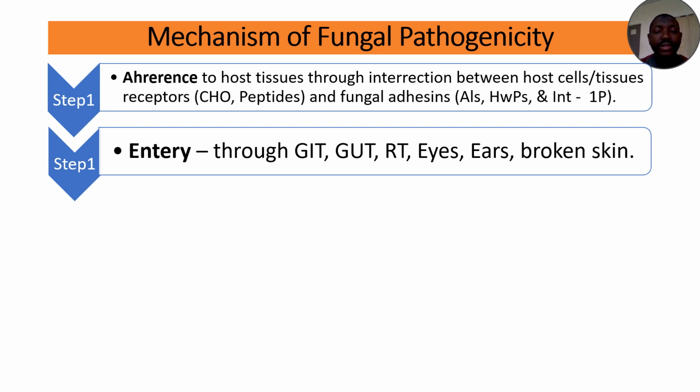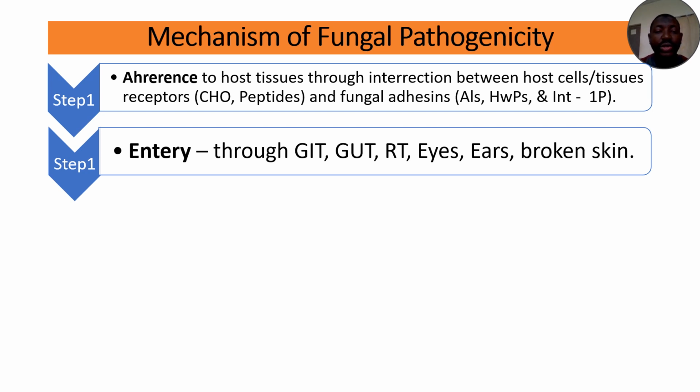The fungi will now enter the body, taking advantage of the common portals of entry, natural openings in the body, such as the gastrointestinal tract, genitourinary tract, respiratory tract, the eyes, the ears, broken skin, and so on.